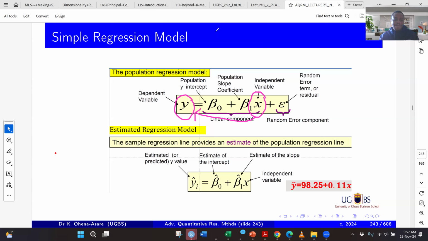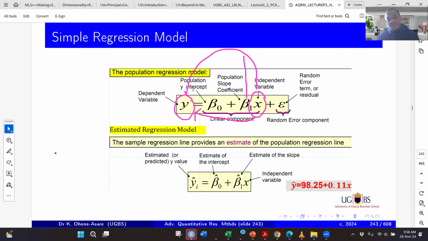Now, the question is by how much is it influencing the dependent variable? The coefficient, also called the parameter, or the beta parameters, will tell you by how much the independent variable, or the regressor, affects this regressand.